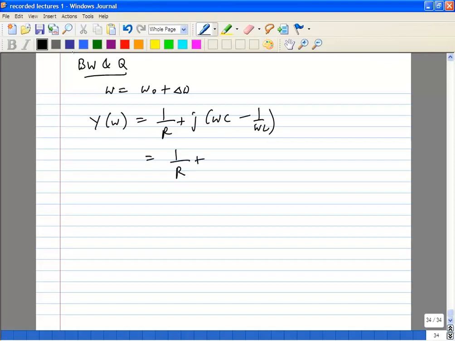It's 1 by R plus j over omega L into omega square LC minus 1.